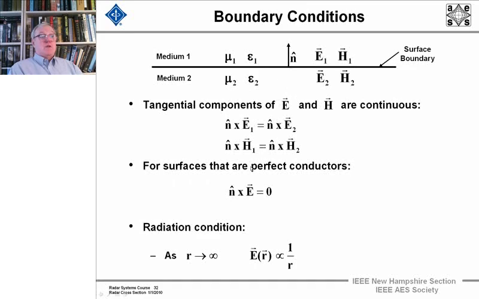For surfaces that are perfect conductors, the electric field at the conductor has to be 0. So since these are time-varying electric fields, we're going to have time-varying magnetic fields and vice versa. And so we'll get currents induced. And the radiation condition, as R goes to infinity, the electric field goes as 1 over R.